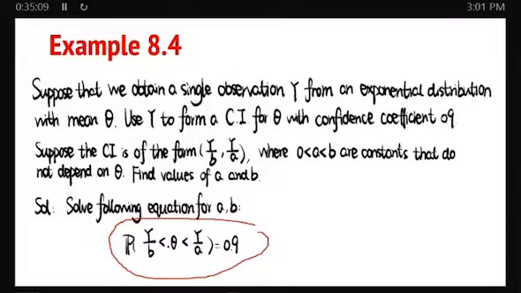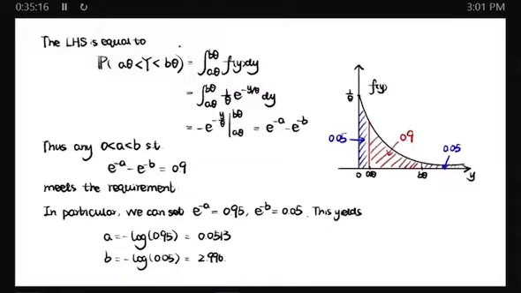Now, if you take a look at this, mathematically speaking, I can rewrite that as this. I can rewrite it as that, which means I will just go to the distribution. I'm working with a probability density function. Exponential is a continuous probability distribution.